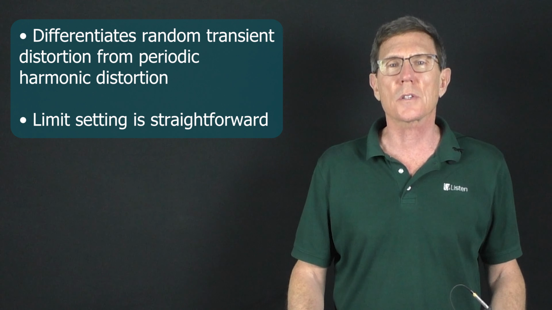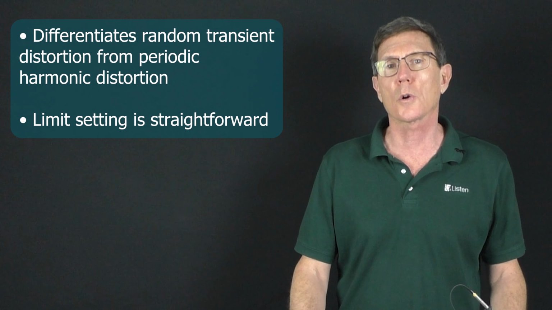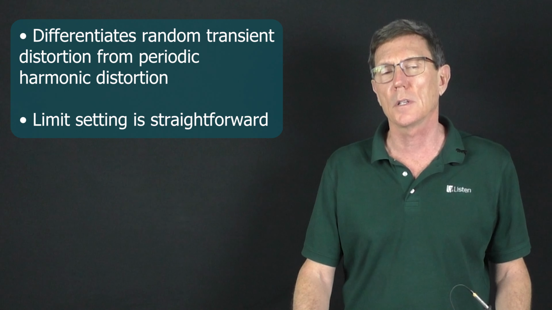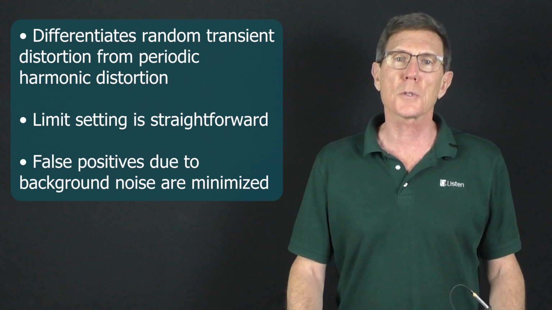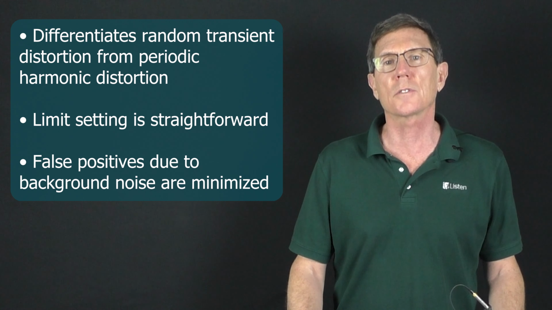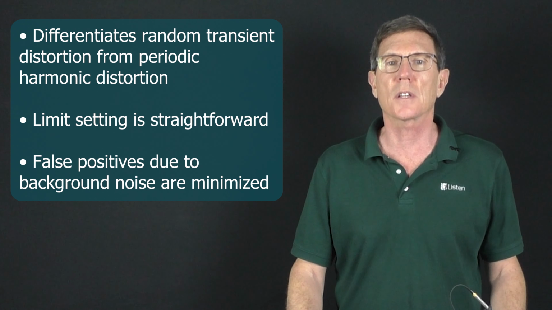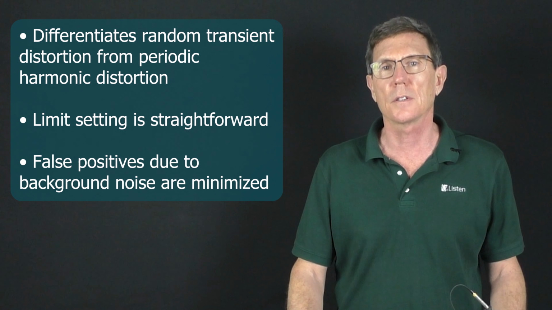You can also listen to the loose particle waveform to ensure that your threshold limit correlates to audibility. Number three, false positives due to background noises are minimized because the algorithm relies on a cumulative event count rather than a single event triggering a fail.